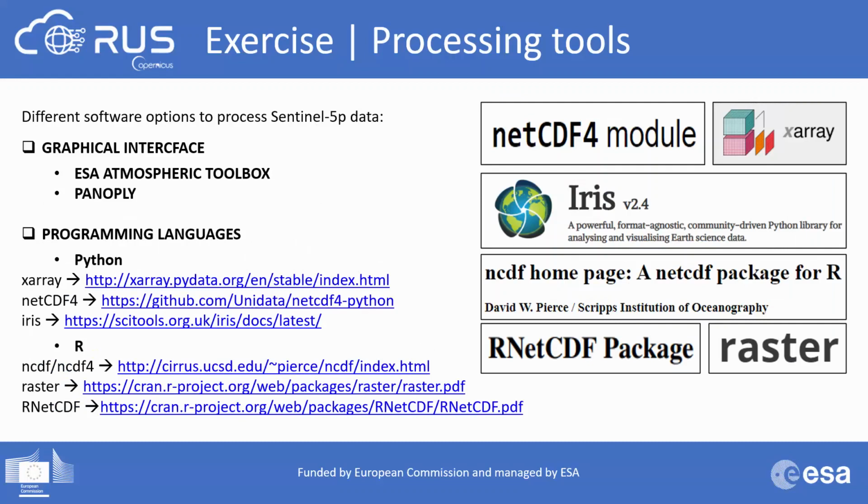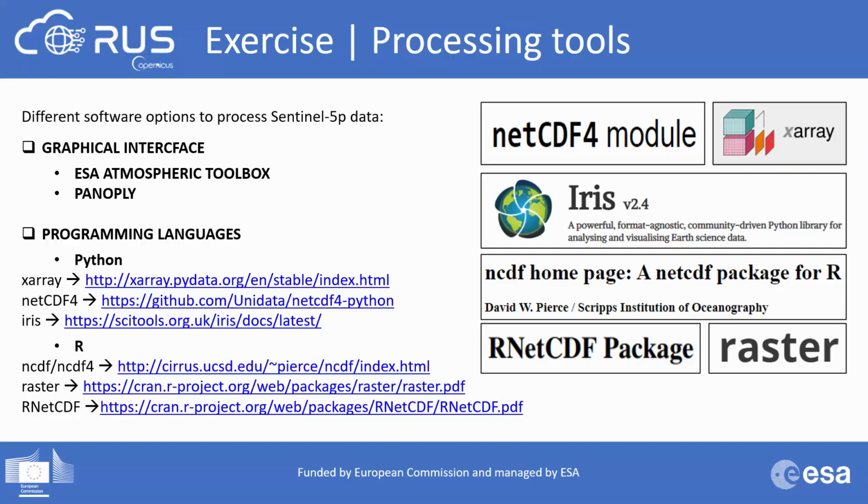If we now move into programming environments, I want to give you here a few options, both for Python and R, which I think are some of the main programming languages used for this kind of analysis. In Python, as I said, we will be using the Xarray library, but there are also the NetCDF4 library, which is very well known, and the IRIS package, for example.